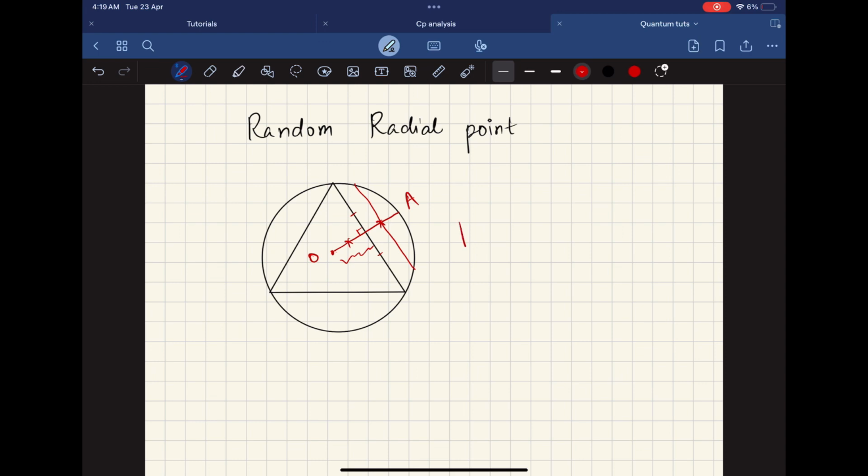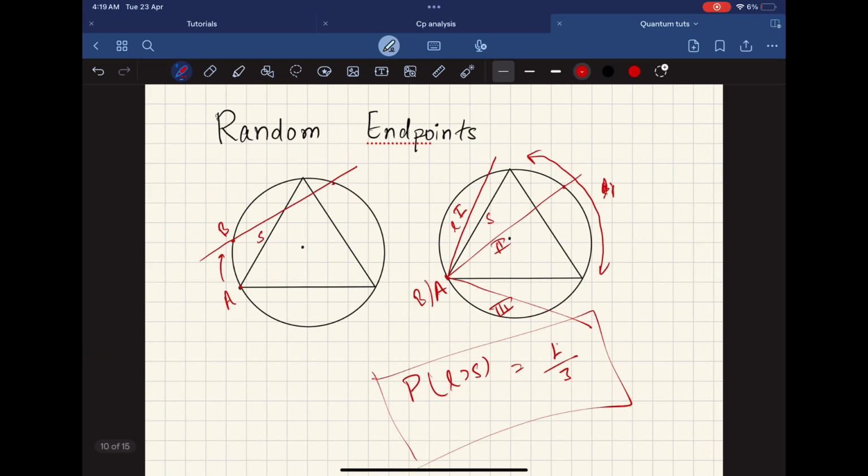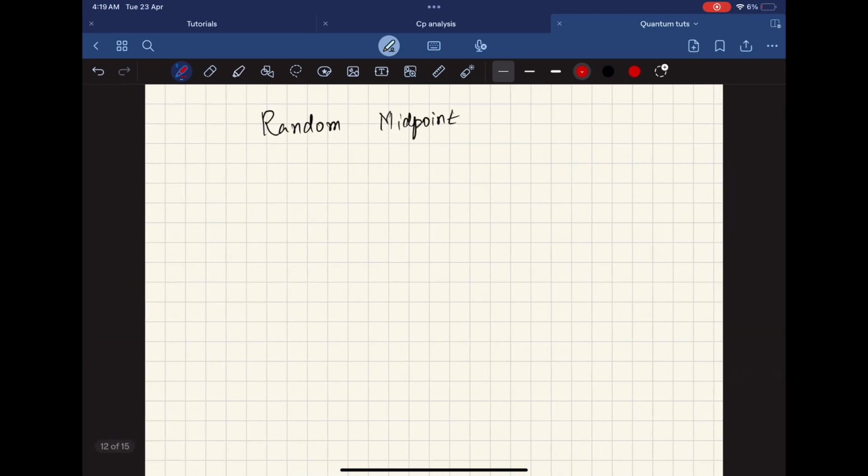So one can tell from here that the probability of L being greater than S is clearly equal to half. If you look, the probability that has been calculated is different in both cases. So let's look at another case too.